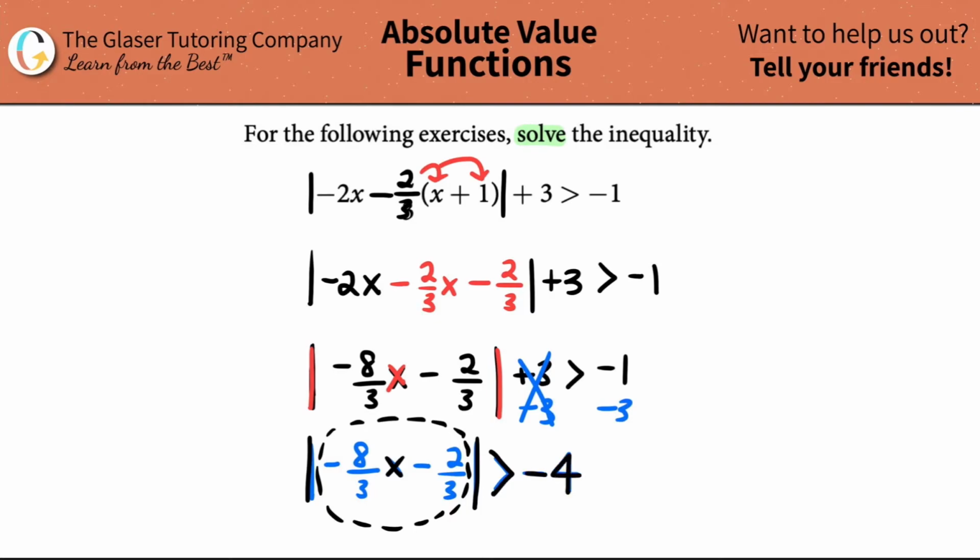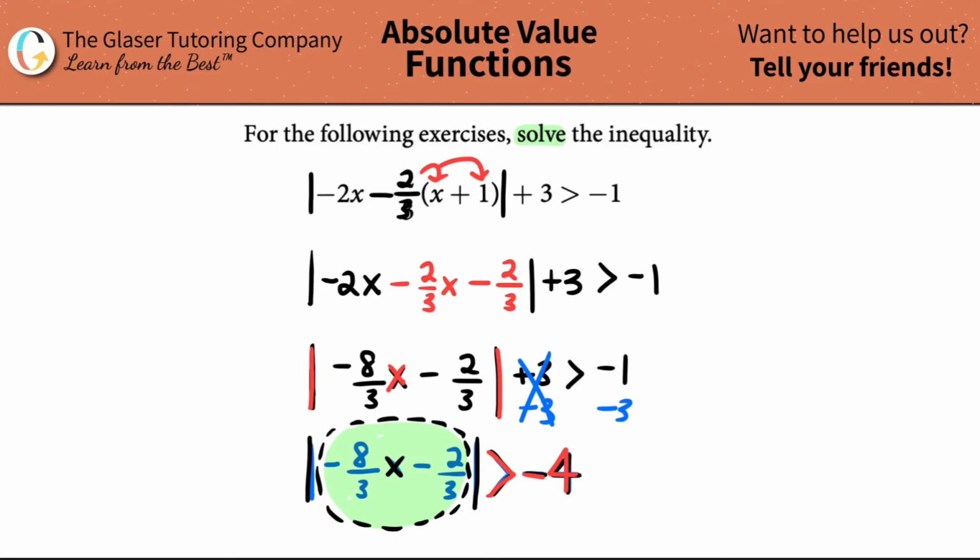And remember, anything inside of an absolute value function is always going to output a positive number, so at least this should be 0 or a positive number. Will I ever get this value to be equal to negative 4? Absolutely not. So is this always the case? Will this always be greater than negative 4? Yeah, it'd be greater than negative 4.